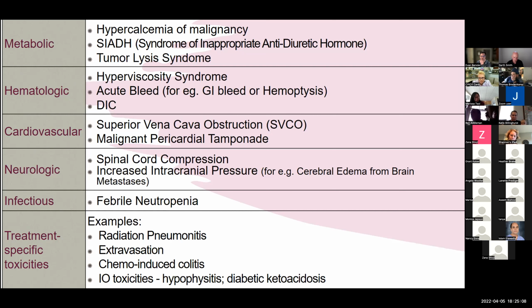Even when I'm covering a colleague, I treat lung cancer and endocrine malignancies, and a colleague has breast cancer. I'm being called about their breast cancer patient and they're on a drug I've never heard of. There's a lot of new things happening, so I think spending more time on these treatment-specific toxicities is of help.